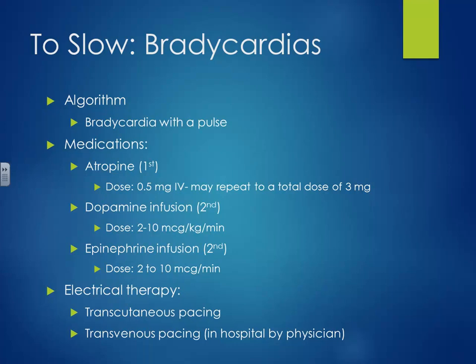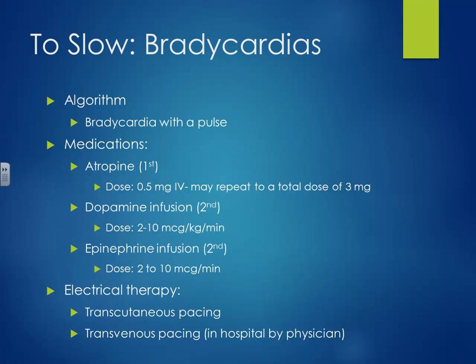With your bradycardias, if you're treating a bradycardia according to the American Heart Association in the field, it's going to be your atropine, your dopamine infusion, your epinephrine infusion, right? Those are the only medications that show up on that algorithm.